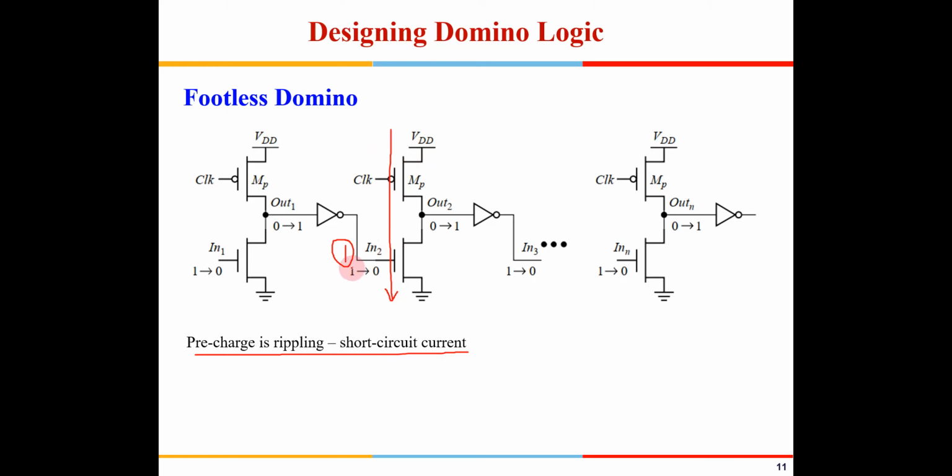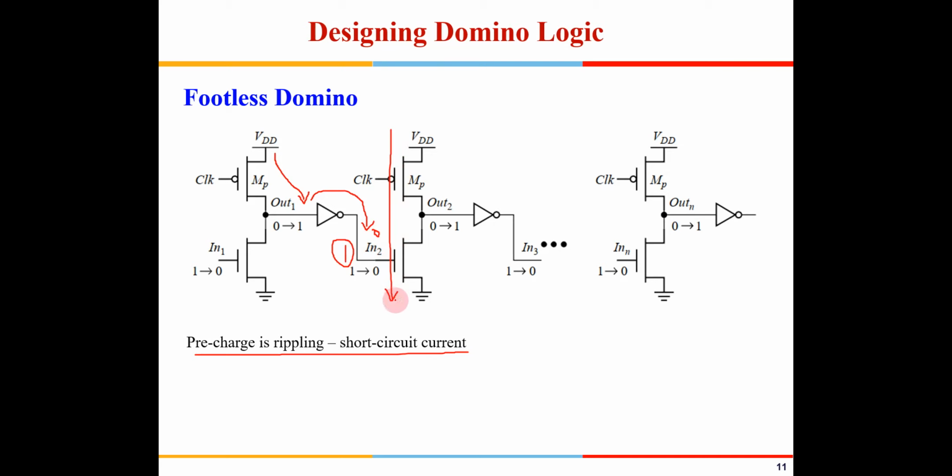Because during the pre-charge period, this transistor will be pre-charged to 1, and it will take some time for this to get to 0 from here. So during that period, you will find there is a short circuit out here.